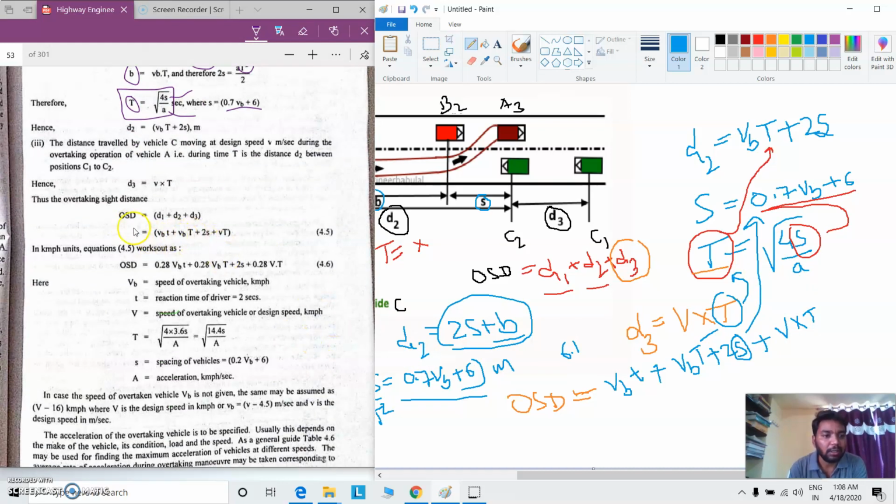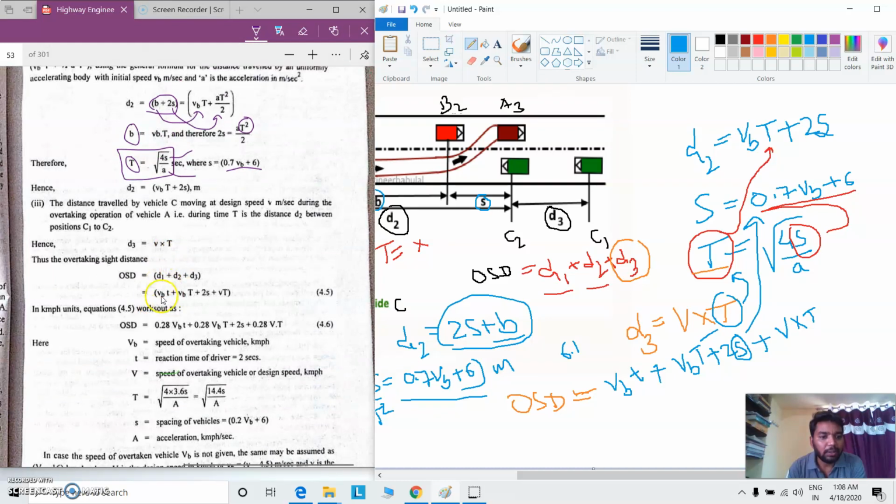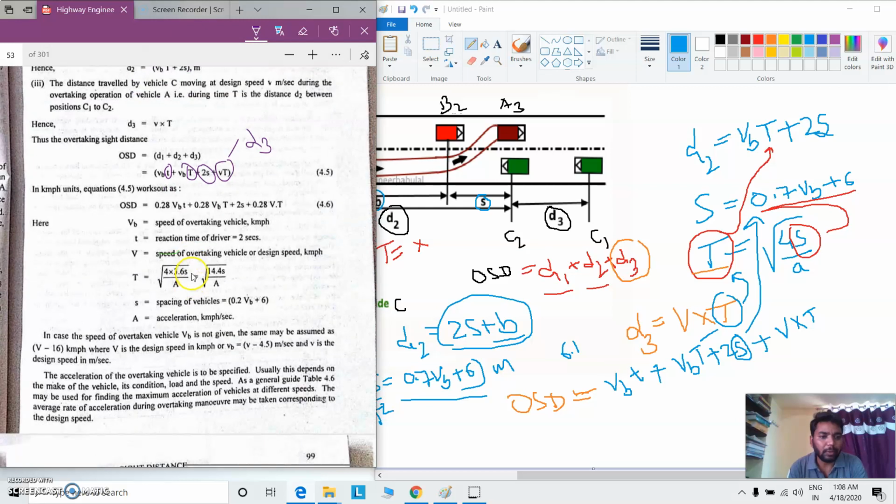Overtaking sight distance is the sum of the distances traveled by different vehicles, d1, d2 and d3, and d1 is vb into t, t is the reaction time of the driver, and vb into capital T plus 2s is the distance d2, and again v into capital T is the distance traveled by vehicle c, that is d3, right.